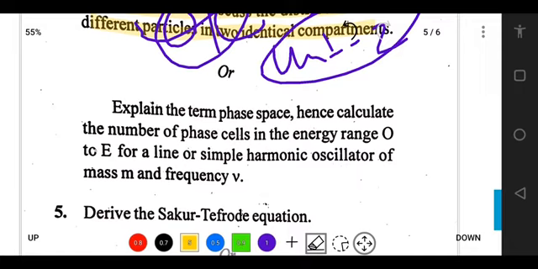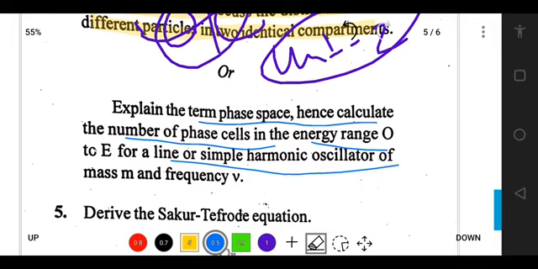Then explain the term phase space and hence calculate the number of phase cells and energy range of Q and E for a linear simple harmonic oscillator of mass m and frequency v. This is a very conceptual question.